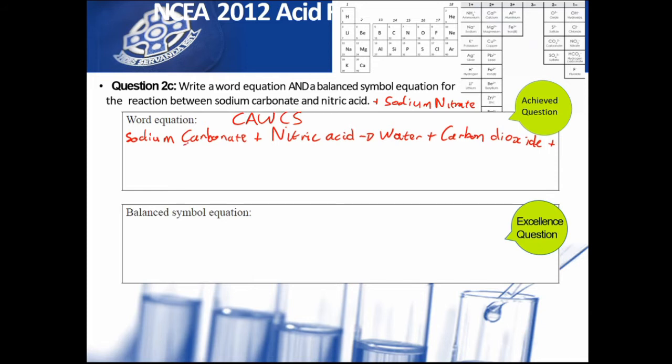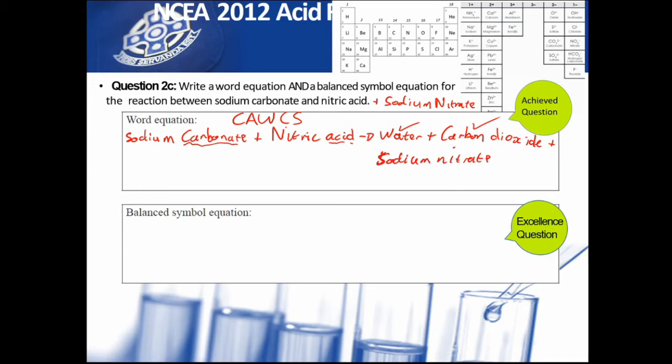Remember the carbonate and the hydrogen from the acid forms the water and the carbon dioxide. So what's left is the nitrate from the nitric acid and the sodium: sodium nitrate. Okay, there you go. That's the word equation, and we just got achieved.